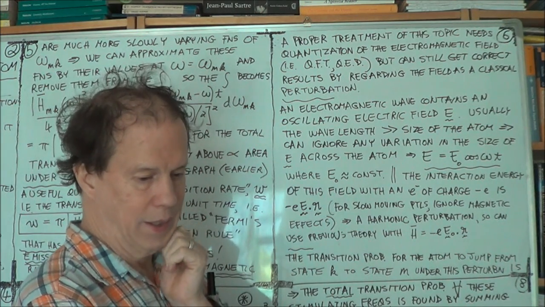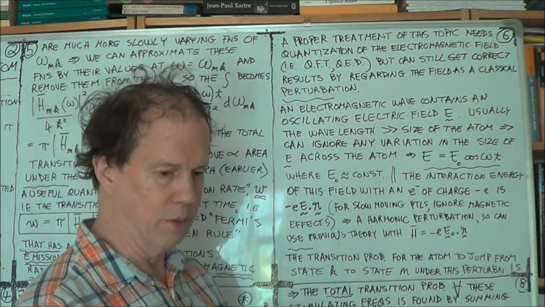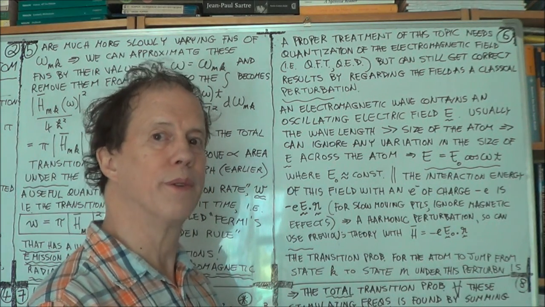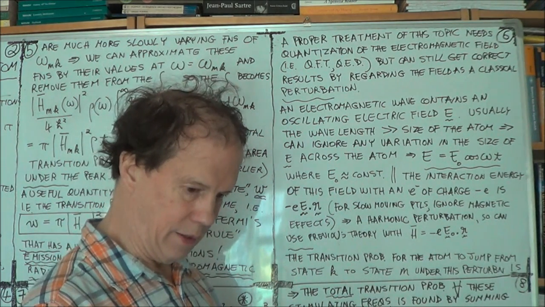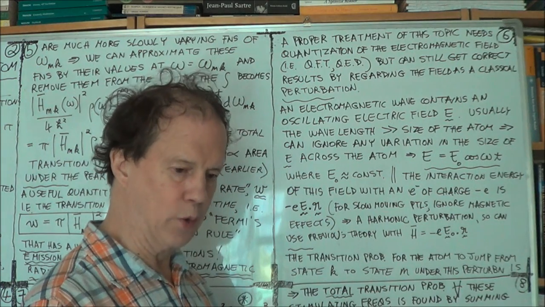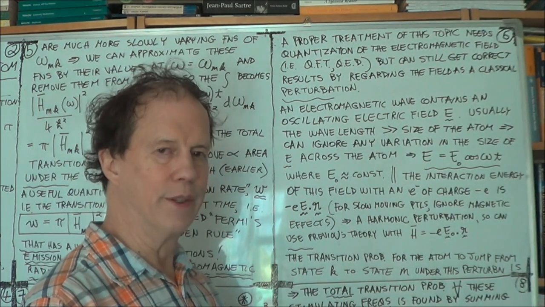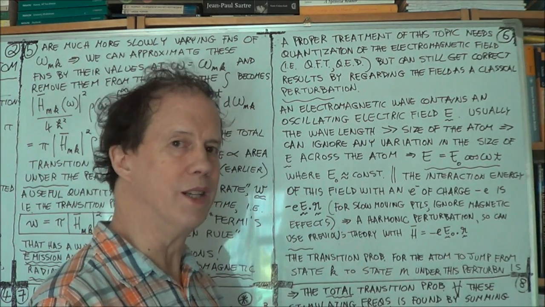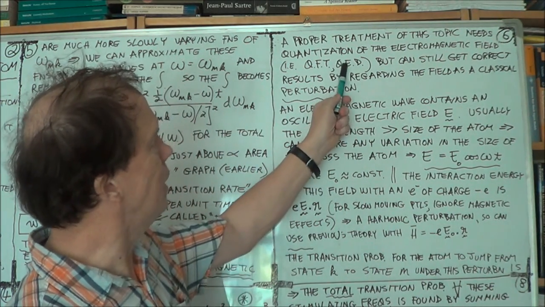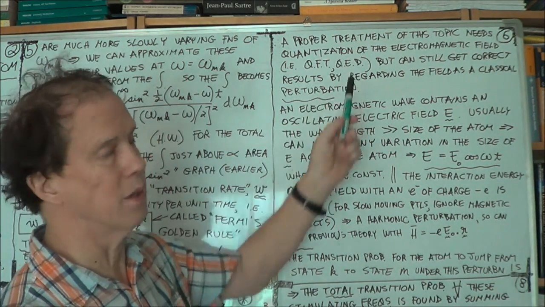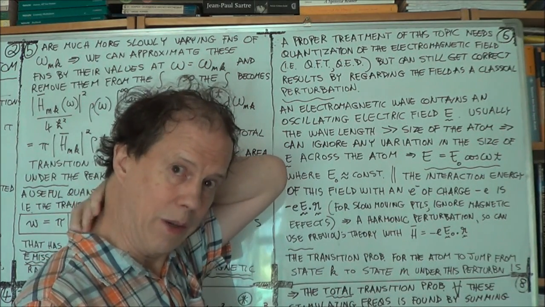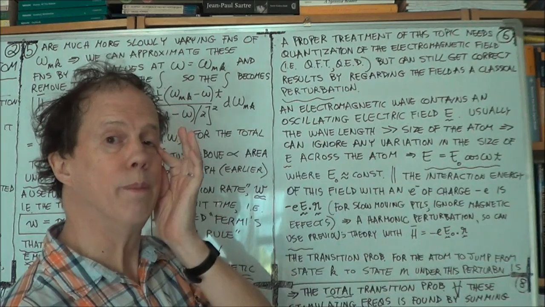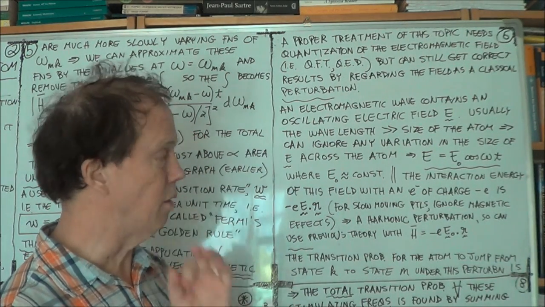You need to know how to quantize electromagnetic fields. So that's the topic of quantum field theory, and you're talking about the interaction of quantized electromagnetic fields with atoms, and that's what QED is all about. That's quantum electrodynamics. So these are both graduate level topics, and we will do these in time, but you'll see they're a lot harder.